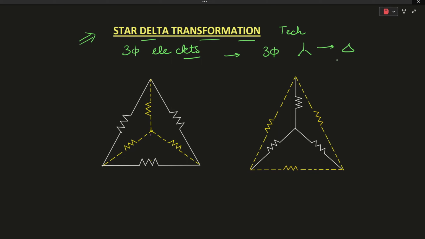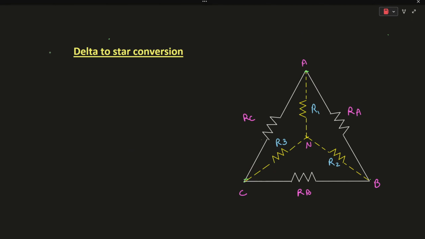So let's discuss our first case, which is delta to star conversion, or delta to star transformation. As you can see, the equivalent resistance across these two terminals A and B, RAB, will be equal to the series combination of RB plus RC in parallel with RA resistance.